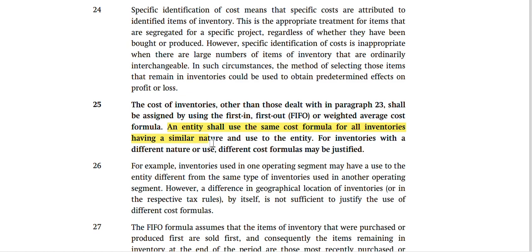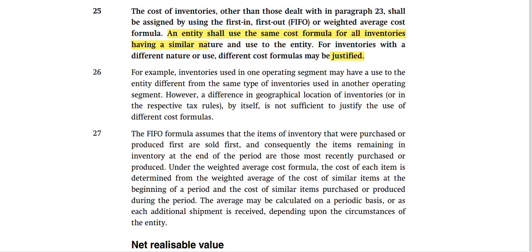Any inventory that has the same nature should use the same method. That means if you're using FIFO for an item that's similar to other inventory, you need to make sure that for other items of inventory that have a similar nature, you are also using FIFO, unless you can justify why using another formula was necessary for inventory of the same nature.